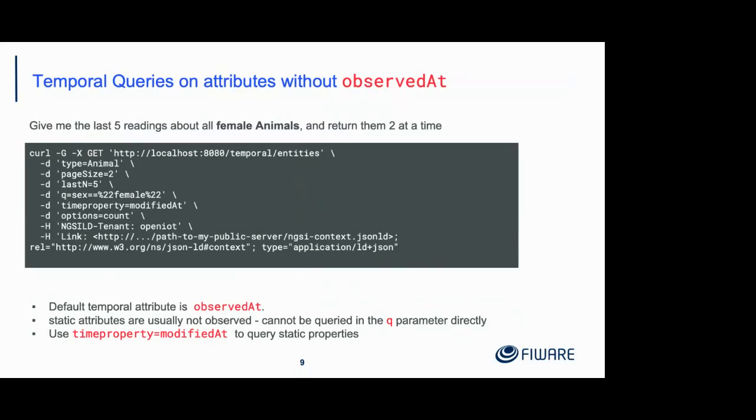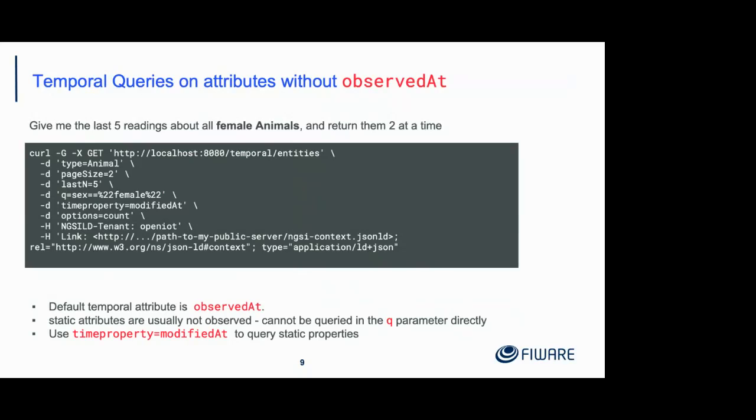Now, the sex of the animal, start from the top. Type equals animal. That means I'm using the standard data model animal data model, which makes it easier to describe what the various elements are about.